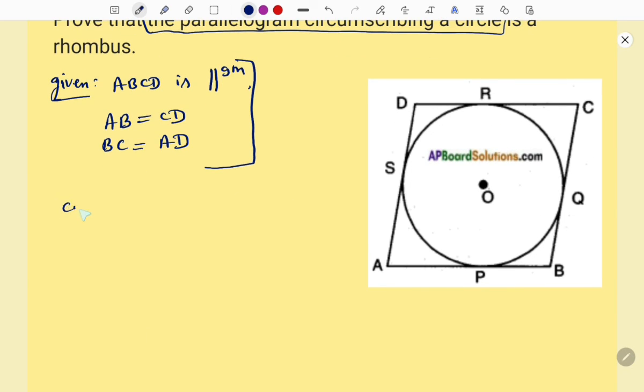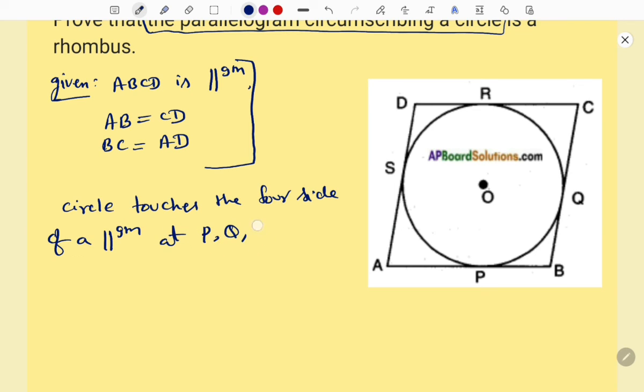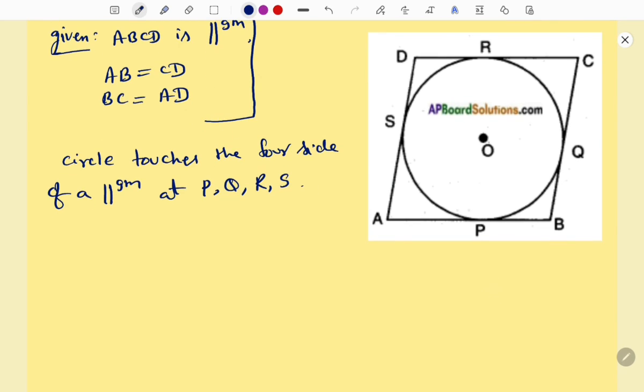See, the circle touches the four sides of a parallelogram at P, Q, R, S. According to the previous problem, A is an external point, AP is equal to AS.